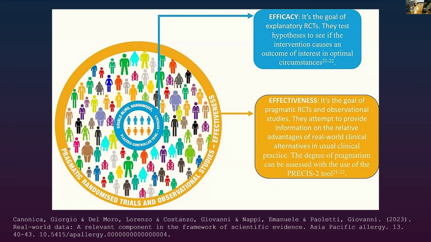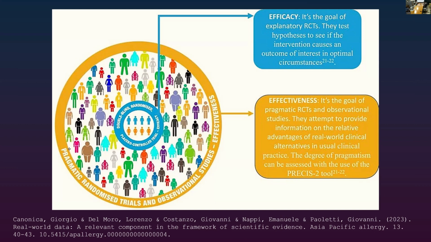Here we have your placebo-controlled randomized control trial, which divides into two specific groups, with very clear inclusion and exclusion criteria, and looks at efficacy, that is, whether the intervention will work in the most ideal situation. Whereas your pragmatic RCT includes all elderly, people with comorbidities, and multiple other socioeconomic factors. Everything is included, and they look at whether the intervention will be effective in the real world setting.